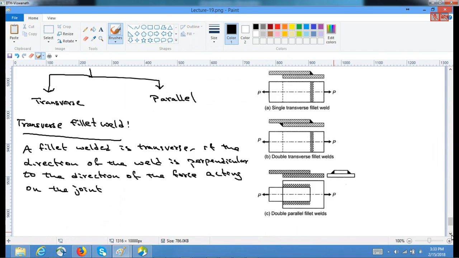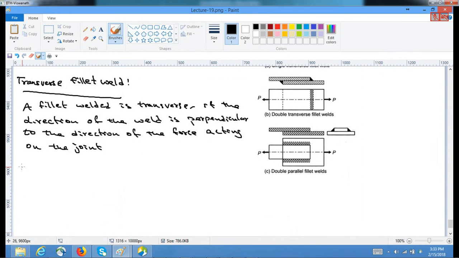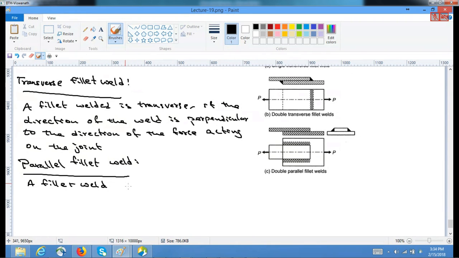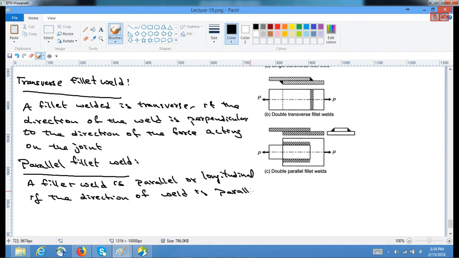Similarly, a fillet weld is parallel or longitudinal if the direction of the weld is parallel to the direction of the force acting on the joint.